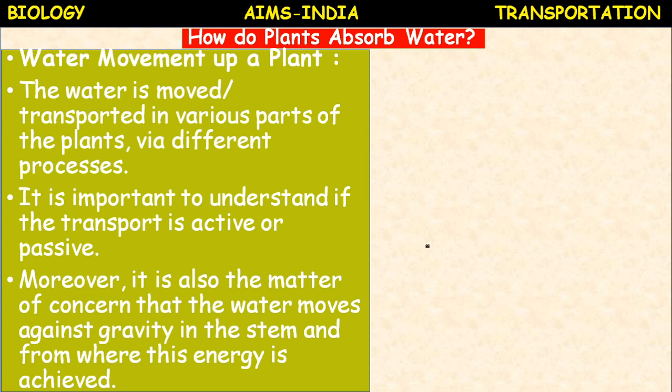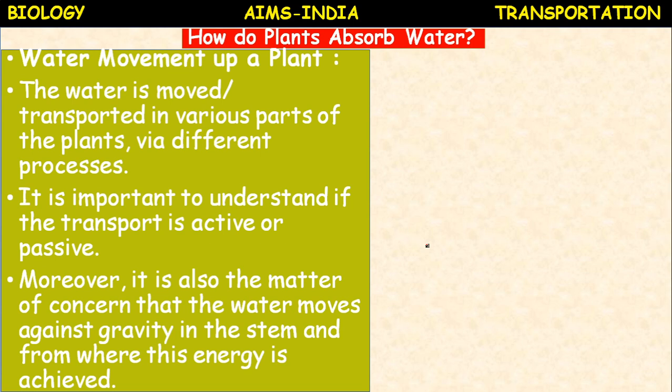The movement of water is taking place from roots to upper parts of the plant, whereas the gravitational force is always pulling down. Against the gravitational force, the movement of these water molecules and minerals is taking place. How is it possible? The upward movement of water with dissolved minerals, sap, from roots towards the tips of the stem, branches and their leaves, it is called ascent of sap.